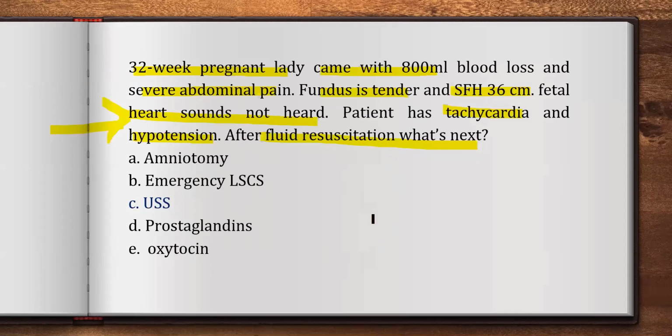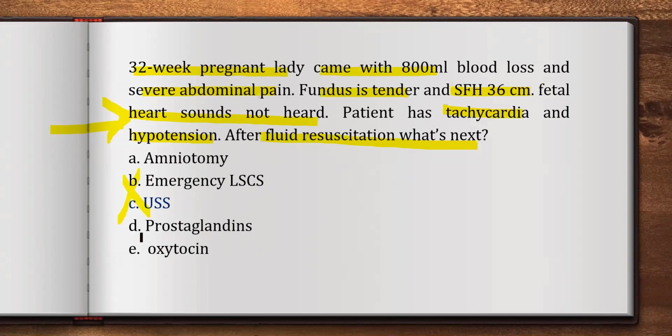If Doppler also says that there is no heart sound, you don't even need to do an ultrasound to confirm the dead fetus. And again, if it's intrauterine fetal death, you don't need to do an urgent cesarean section. So no need of ultrasound, no need of cesarean section in this case.